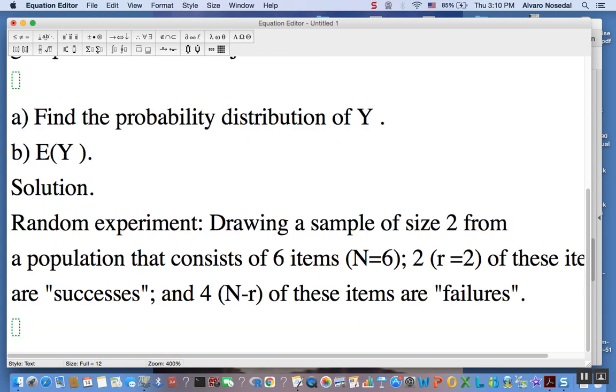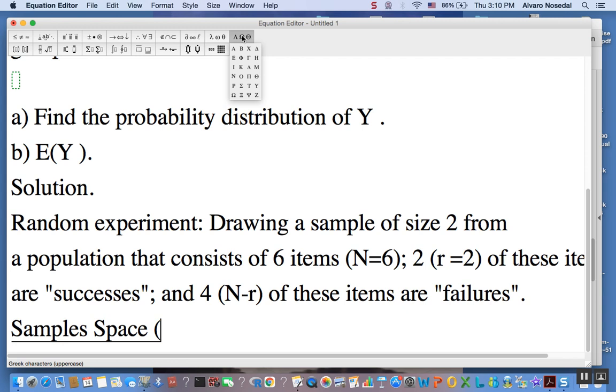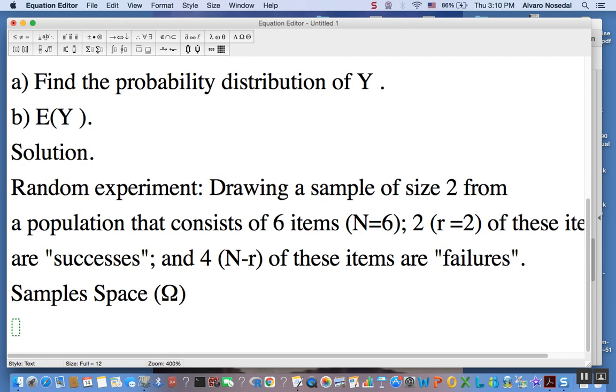Okay. So, sample space. Let me use the capital Greek letter omega to denote the sample space. Okay? So let's construct the sample space. Let's remember that we have a population of size 6, and we have 2 women.